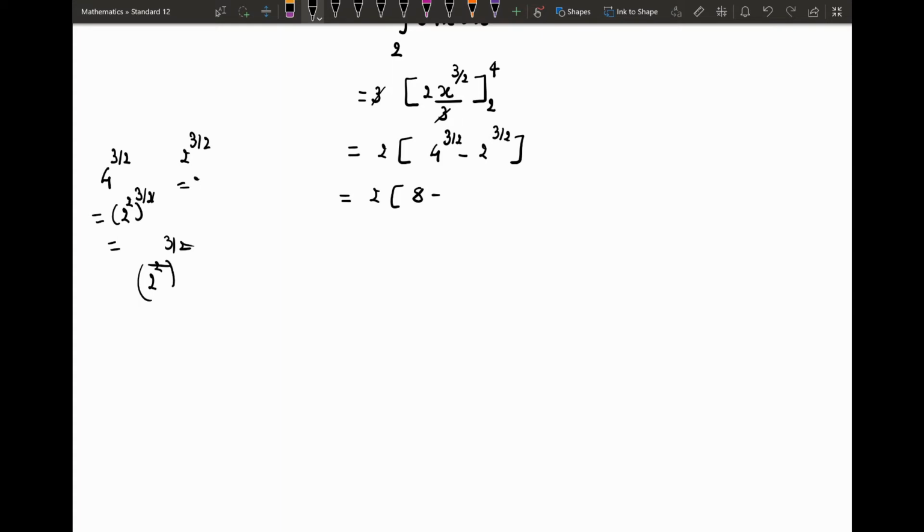This can be written as 2 into 2 raised to 1 half, so 2 root 2.